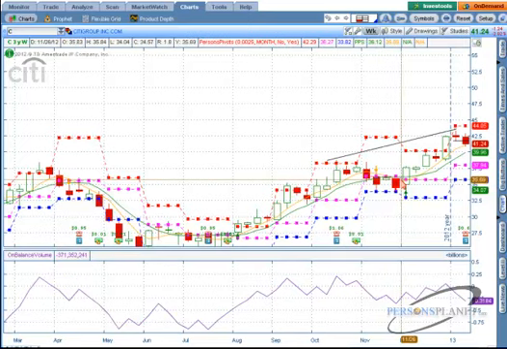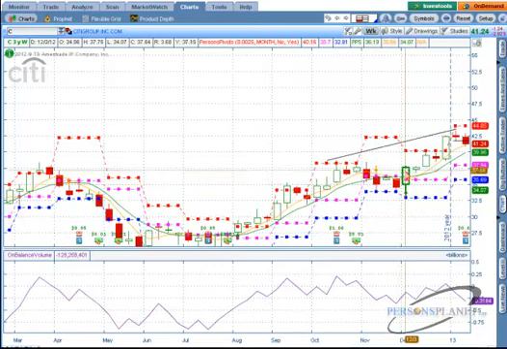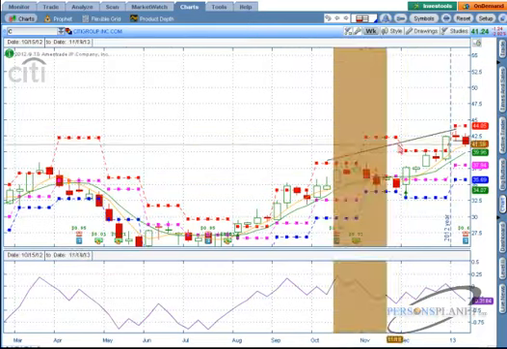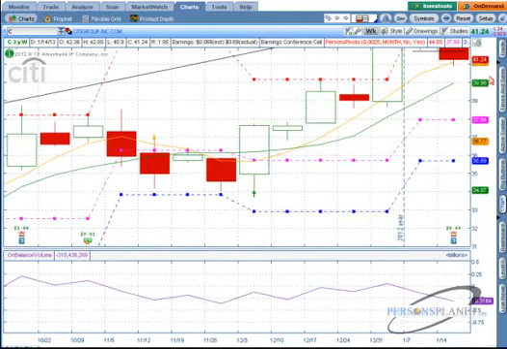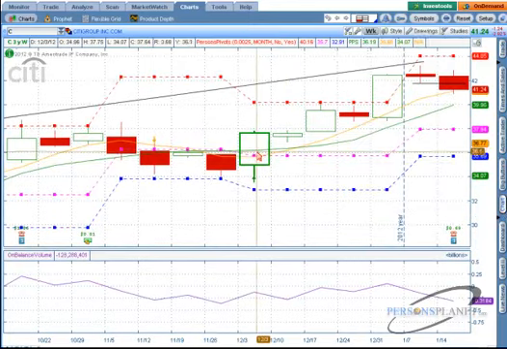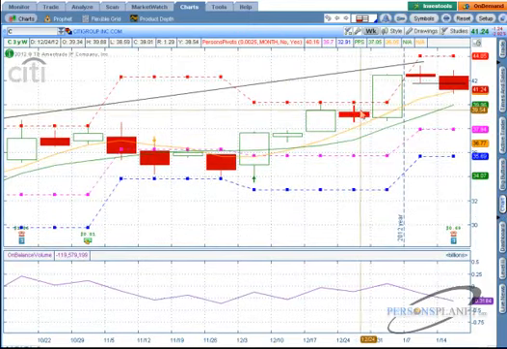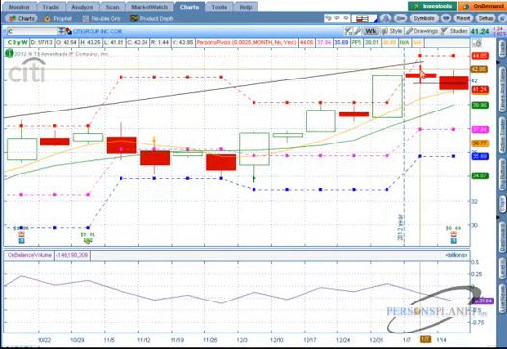And what was the duration of the trend when it broke out from this week? Count with me. 1, 2, 3, 4, 5, 6 weeks. All right?